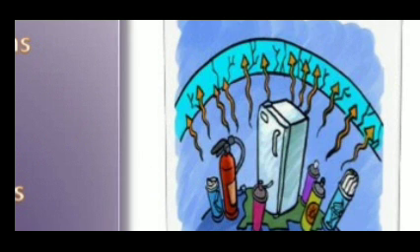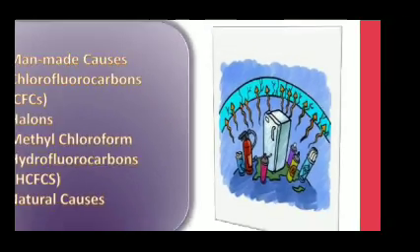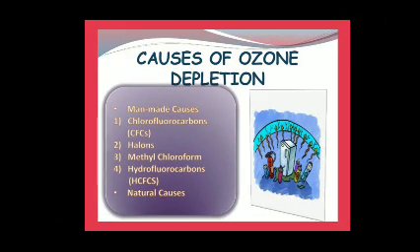Those gases enter the stratosphere and directly interact with the ozone layer, then cause ozone layer depletion. What is depletion? The decrease in the concentration of ozone. The concentration decreases by the action of CFCs, nitrogen oxides and chlorine gas.